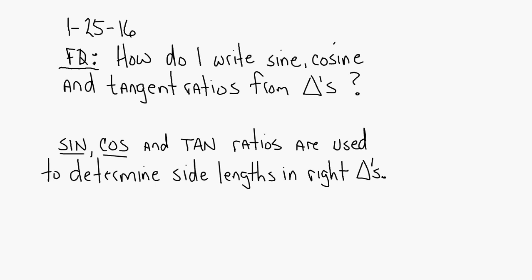Sine, cosine, tangent are used to determine side lengths. Okay? Sine, cosine, tangent ratios are used to determine side lengths in right triangles.